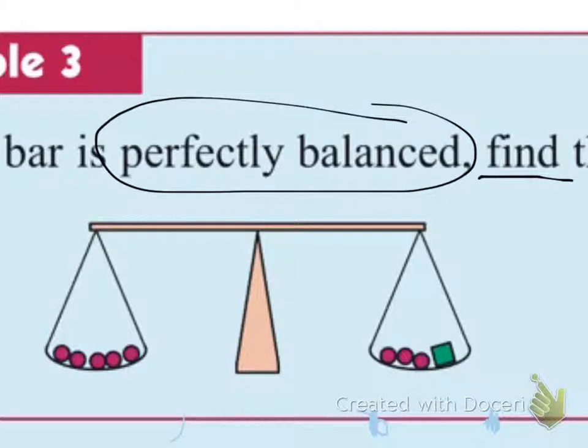So, again, the method that I think is the strongest is to cross out things that are the same on each side. Some of you might be able to see on the right-hand side of the scales, you have 3 circles. Therefore, you can cross out 3 circles on the left-hand side. Or if you just want to cross them out one at a time just to ensure accuracy, that's fine. I can see there's 3 circles here, cross them out, and I can cross out these 3 circles.